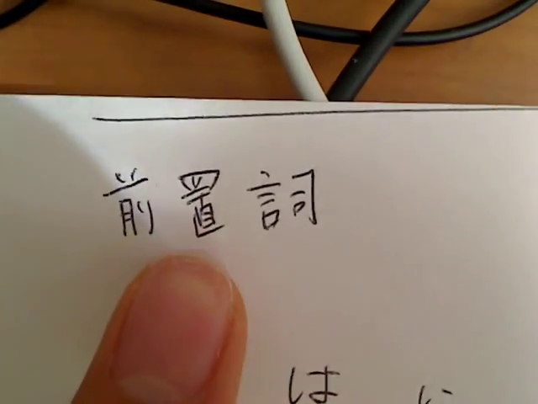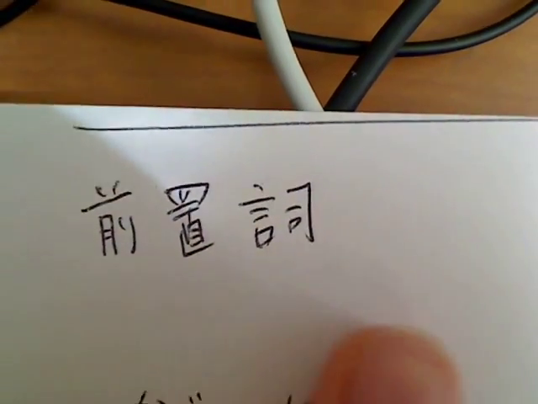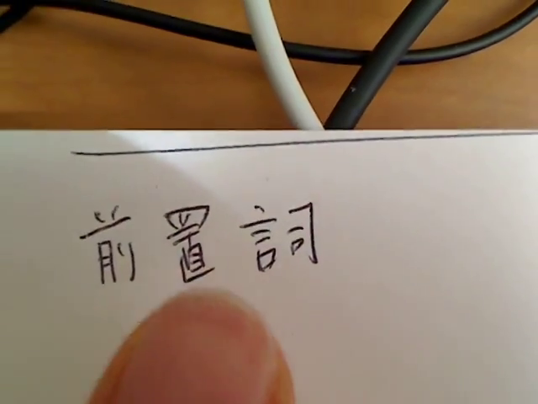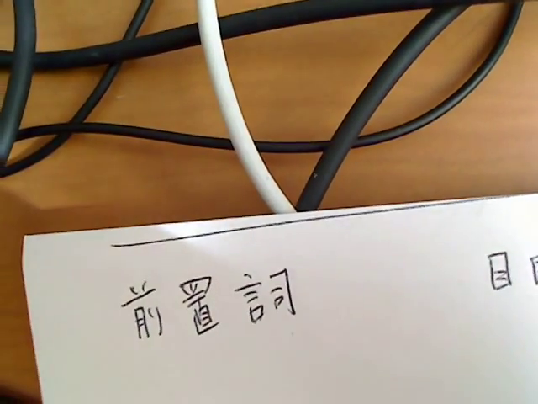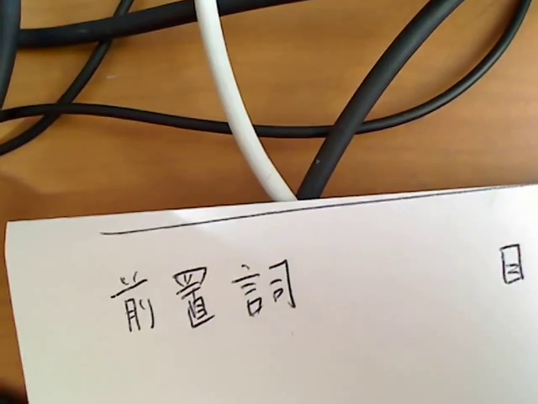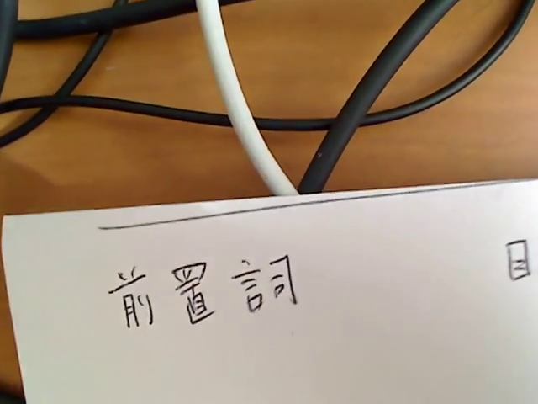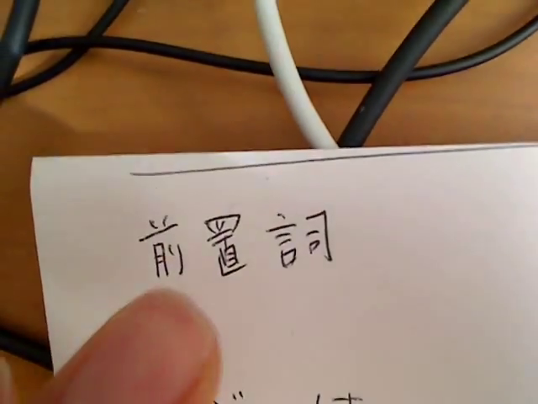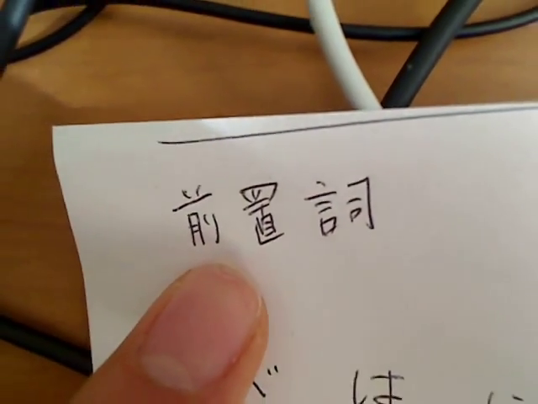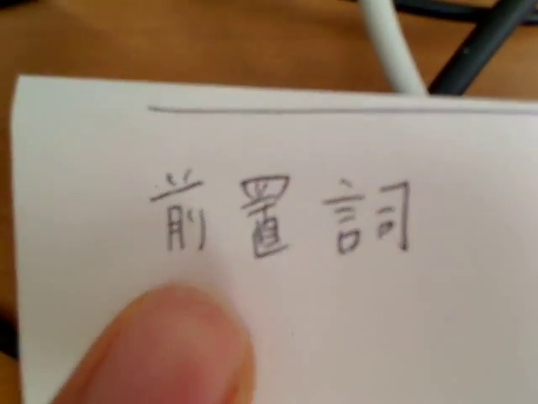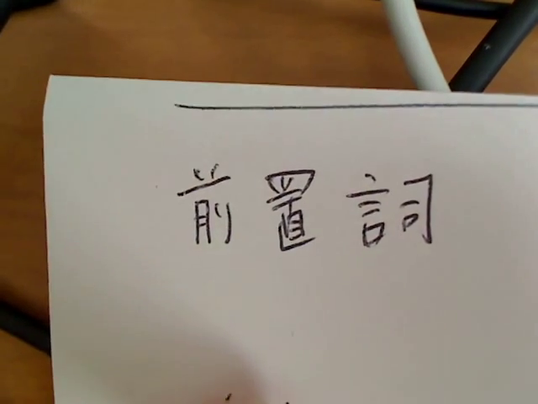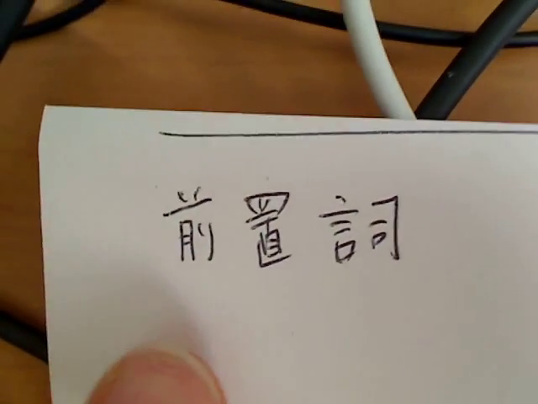Most beginners in learning Japanese make mistakes with zenjishi. In English, zenjishi could be things like for, to, in, at, with, by, on. Those are what we call zenjishi in Japanese, and we also have zenjishi in Japanese. I believe I'm not wrong saying this.